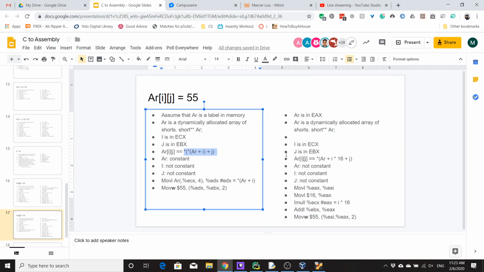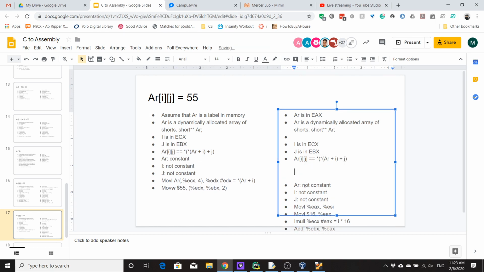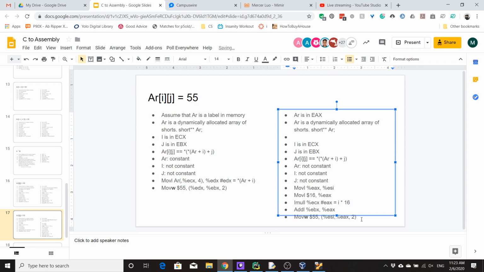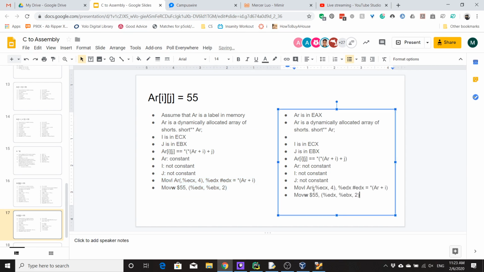And so what's going to change over here on the right-hand side? Well, it's essentially going to be the exact same thing, once again, except instead of having AR on the outside, we're going to have EAX on the inside. Any questions?